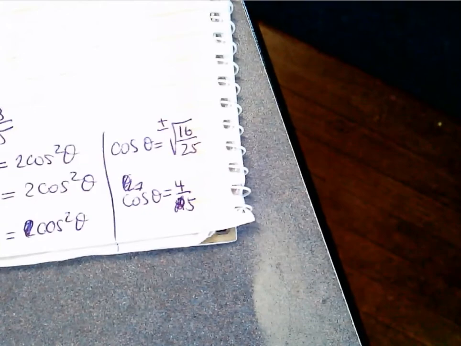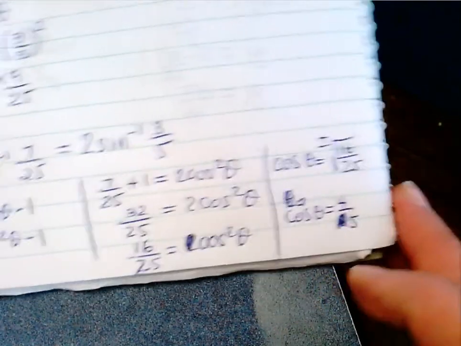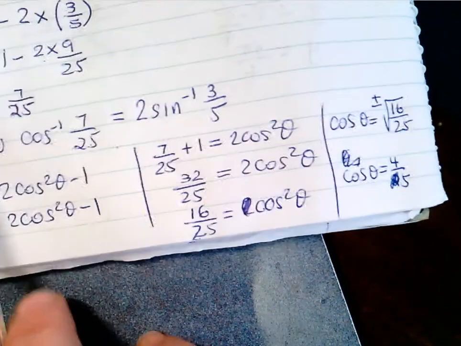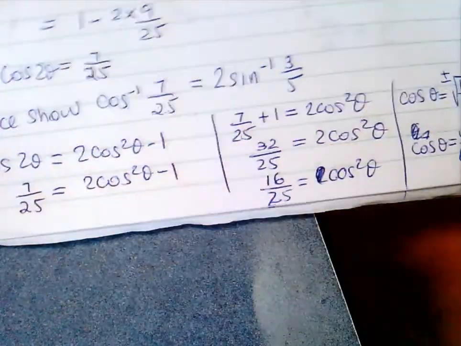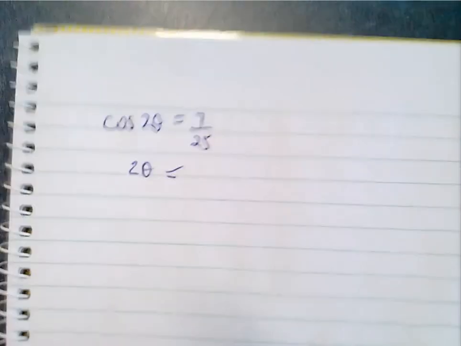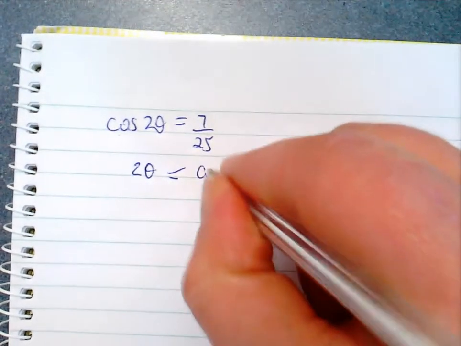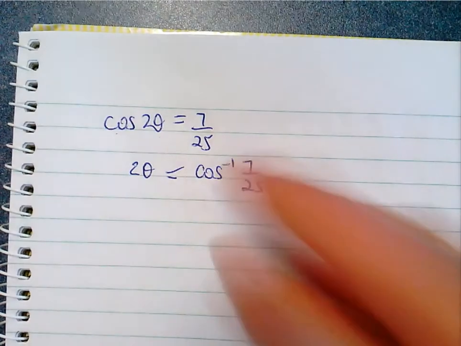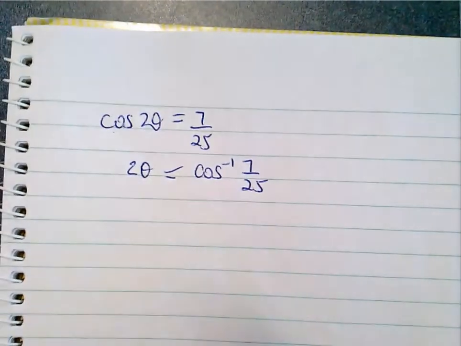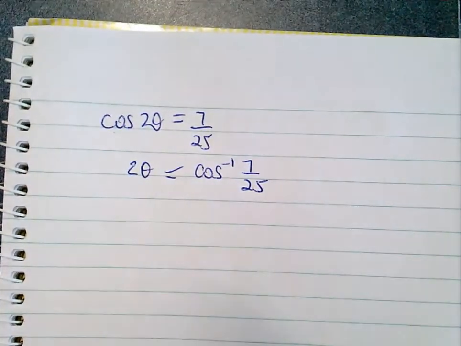The long way about this ending up nowhere, the answer's actually there. If cos of 2 theta is 7 over 25, doesn't that mean that 2 theta is inverse cos of 7 on 25?